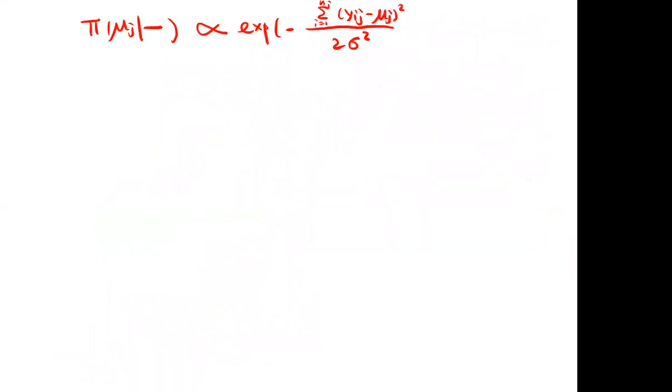So I'm only working on that, mu j. So I have, what was it? So these are the two parts, from the data, the likelihood, and then the prior.